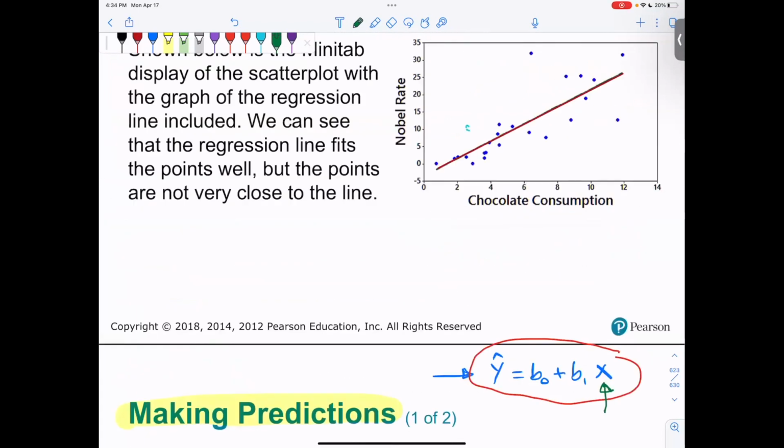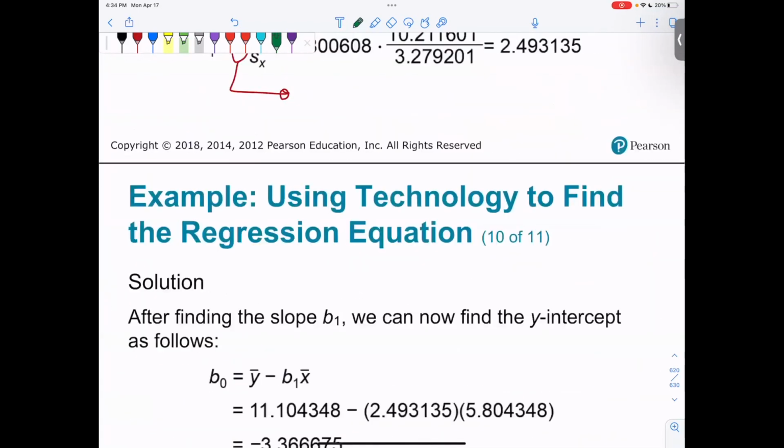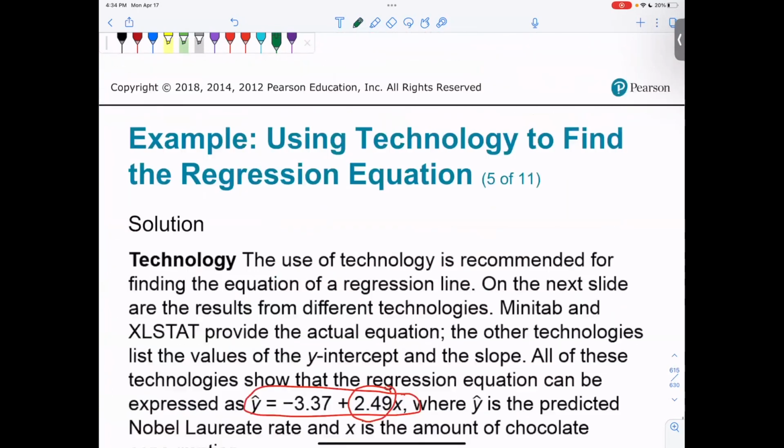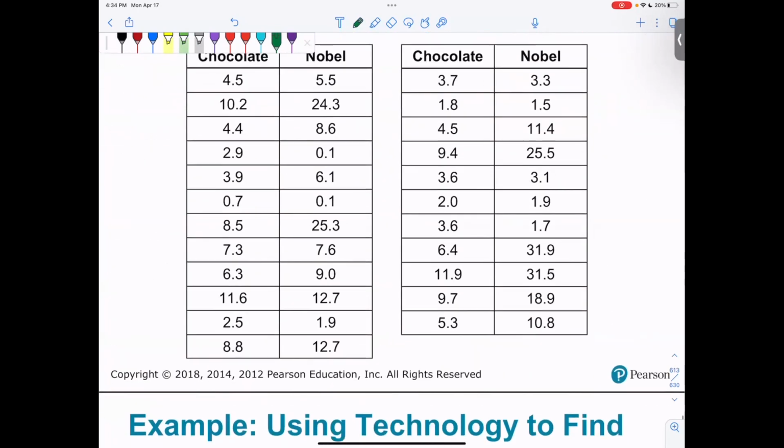Okay, so if we go back to this example here, if we want to do prediction, just imagine that we don't have this value, 6.1, in our data set. So this is unknown.